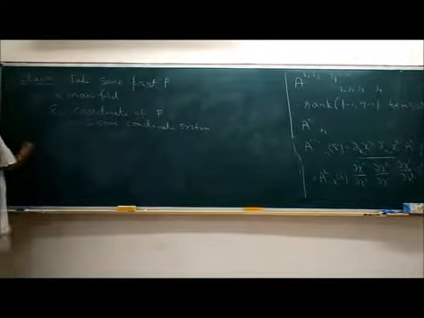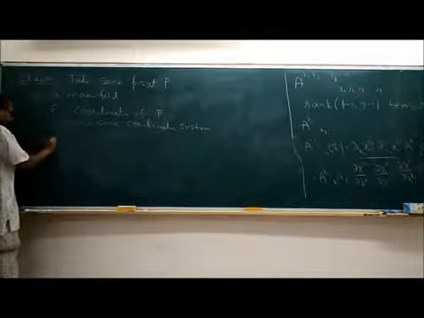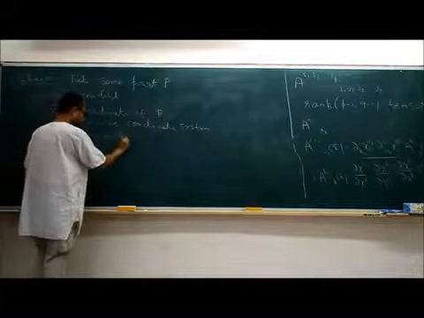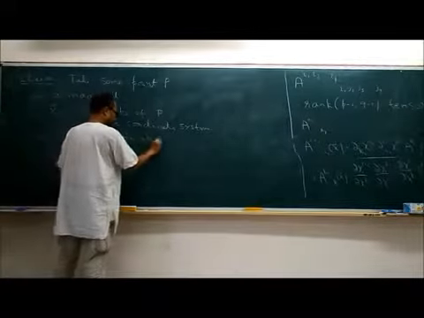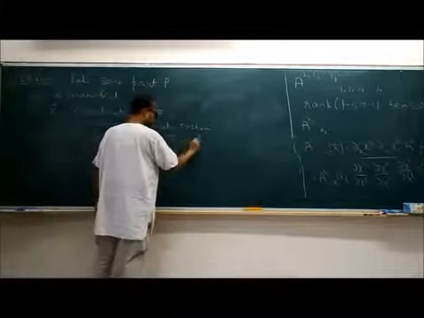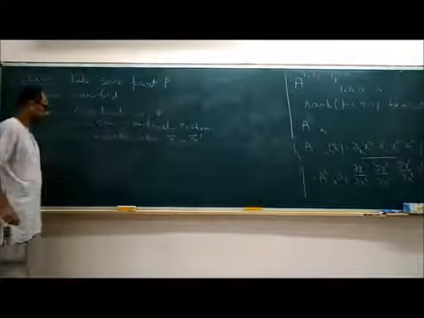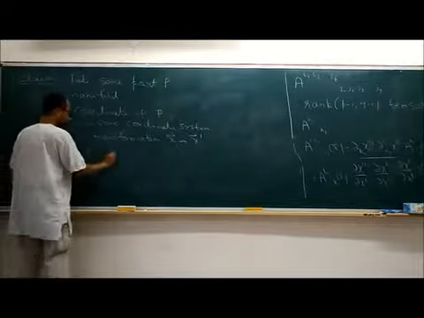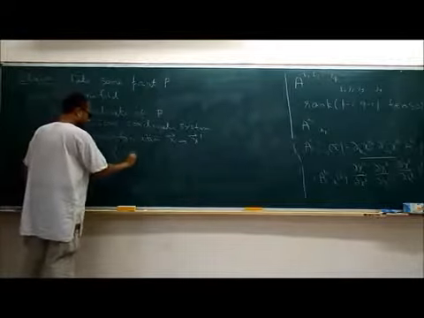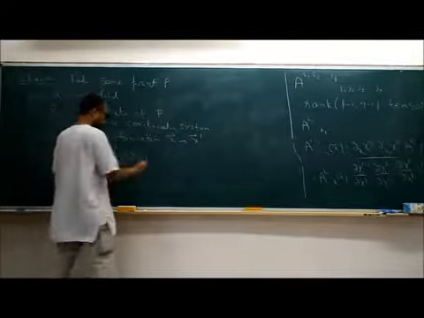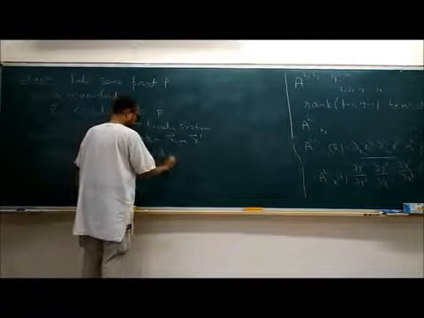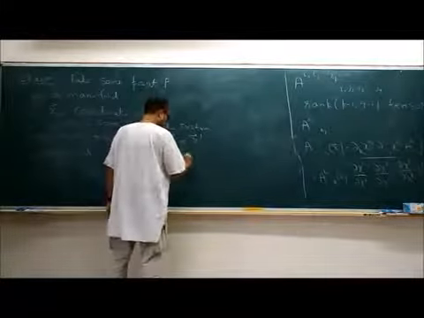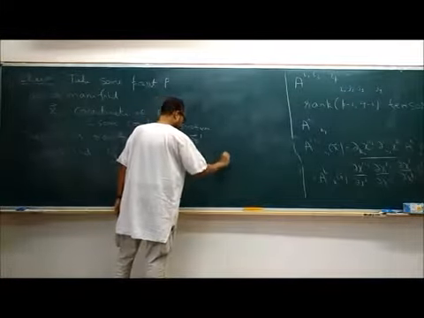So the claim is that there is a coordinate transformation that takes x to x prime such that g prime ij of x prime naught is diagonal, and each entry of the diagonal is plus or minus 1.